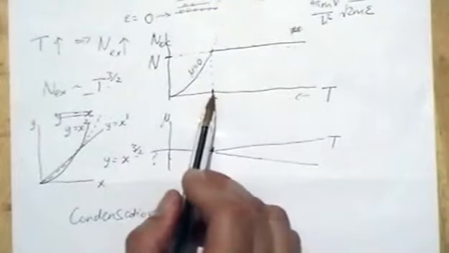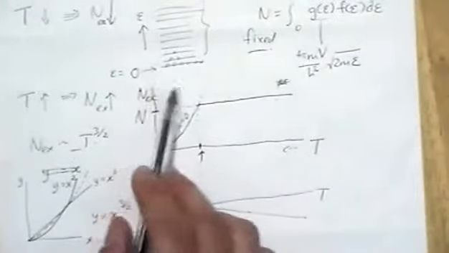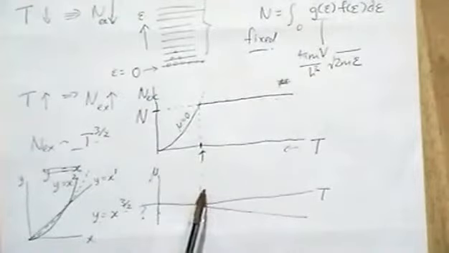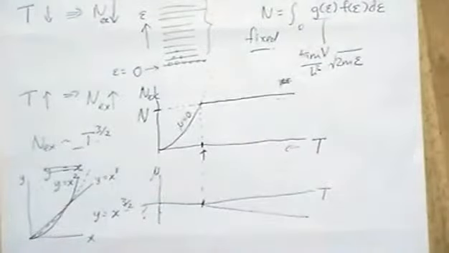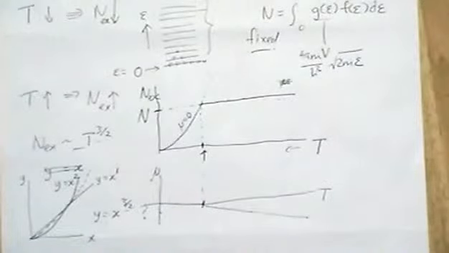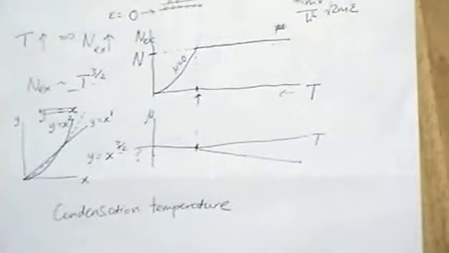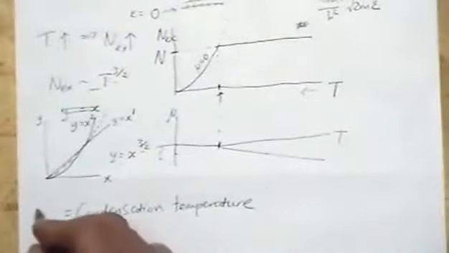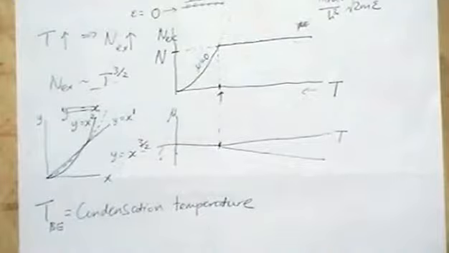So this is the temperature at which particles start condensing into the ground state, if we use this description. And because of this analogy, this temperature is given the name of condensation temperature, and is denoted by the symbol T with the subscript BE, BE for Bose Einstein.